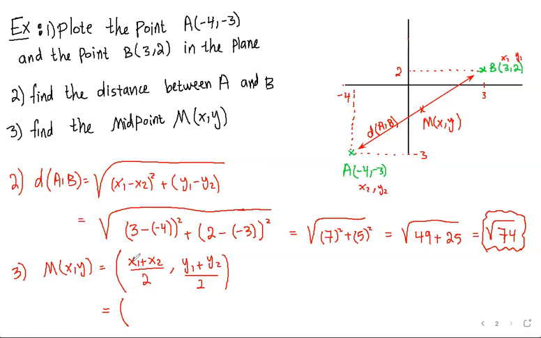Let me do it. So x1 here is 3, x2 is -4. So 3 plus -4 over 2, comma, y1 is 2 plus y2 is -3, so -1 over 2. 3 minus 4 is -1, and I have 2, so 1/2.